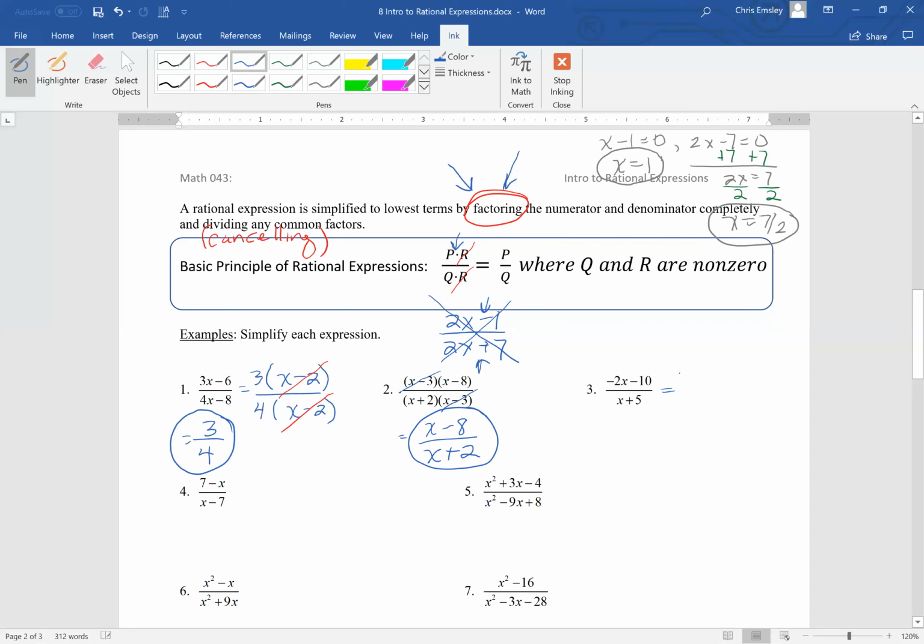Negative 2x minus 10, well, they both have a factor of negative 2. When we factor out a negative 2, it changes those signs. And now we can see that we have an x plus 5 on the top and on the bottom. So we will cancel those. That gives us negative 2 over 1, or just equivalent to negative 2.